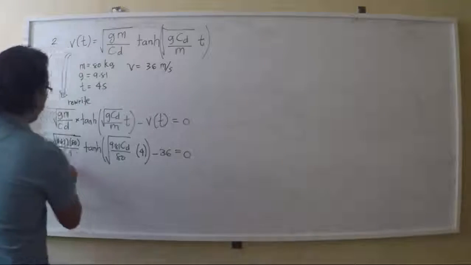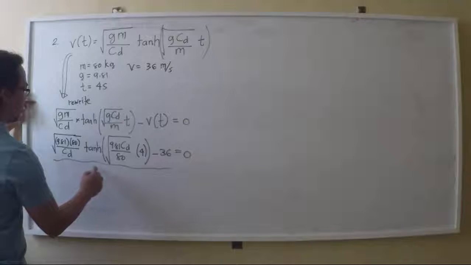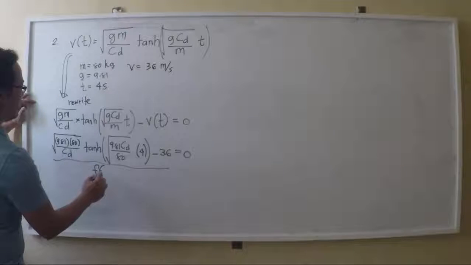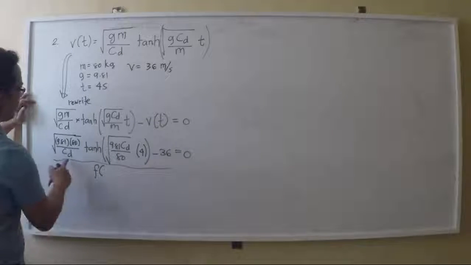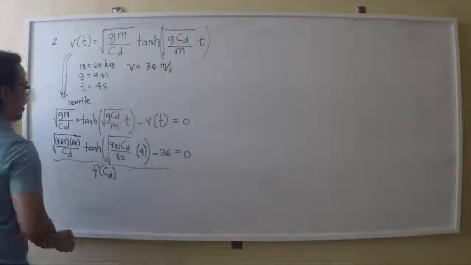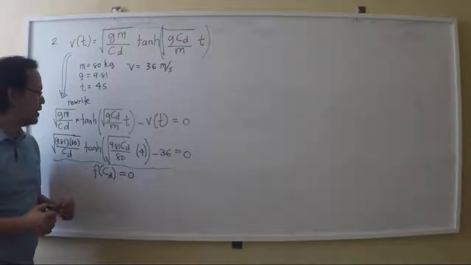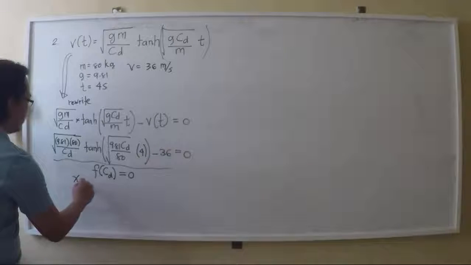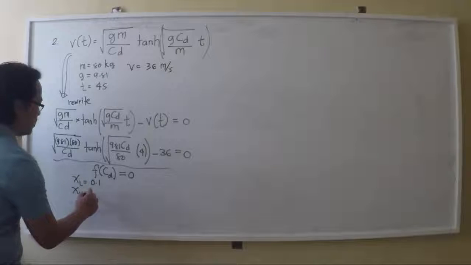So actually this one, let's just call it function of CD. Okay, let's just do that one to make it better. So this function of CD should be equal to 0. Now, our guess is XL, by the way, and XU, in this example, that is 0.1, and this is equal to 0.2.